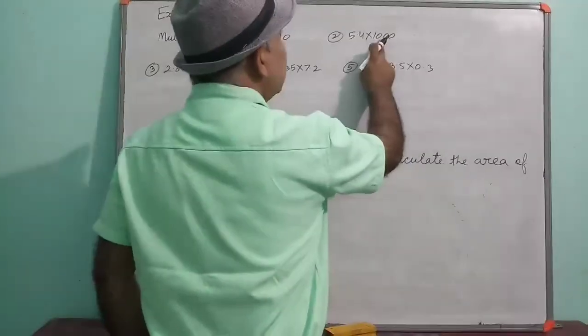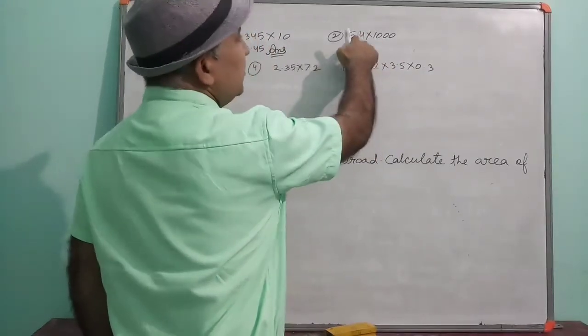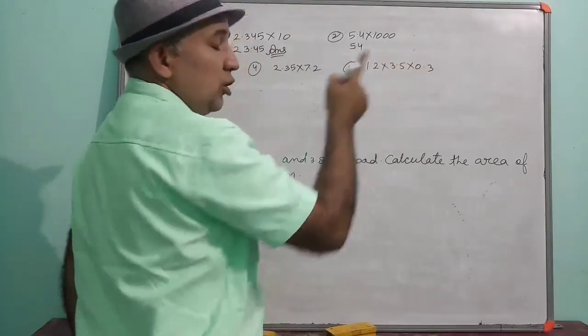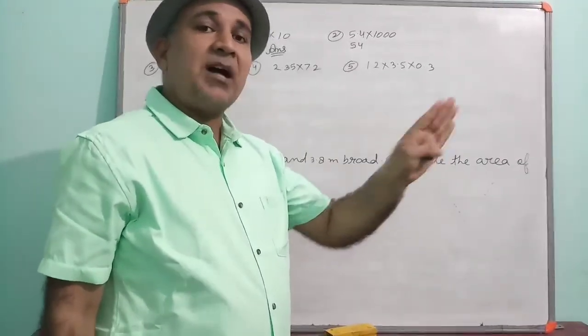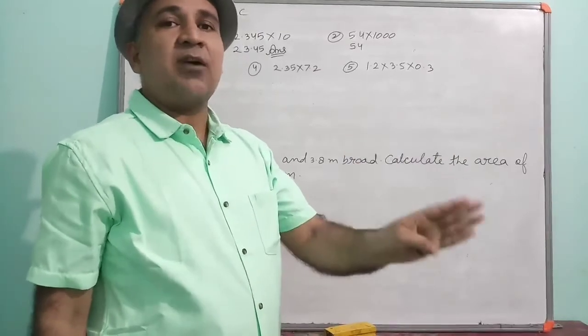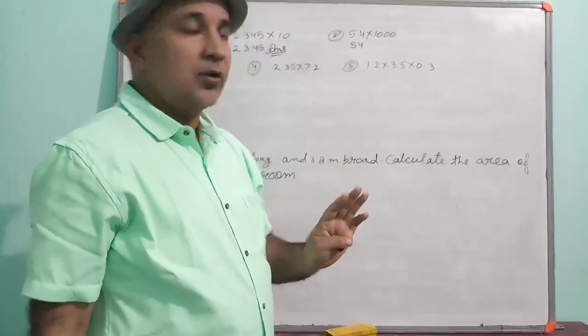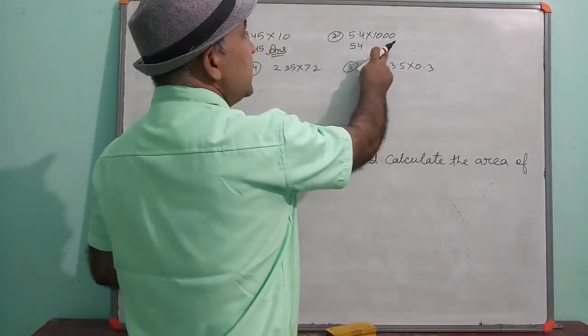Similarly, when 1000 is multiplied by any number, then the decimal shifts 3 digits to the right hand side. Always remember, if a number is multiplied by powers of 10, meaning 10, 100, 1000, 10,000, lakh and so on, then we can write the answer directly. How? See this.